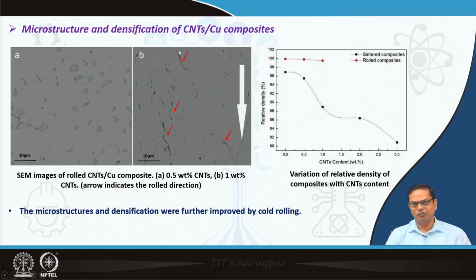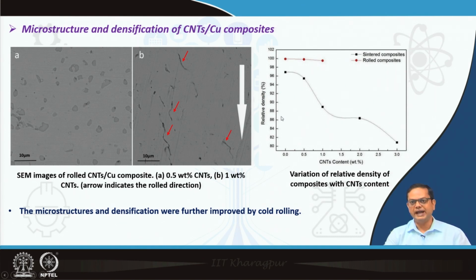But at 1 weight percent, you can see there is a certain amount of cracks. There are porosities, and when the rolling was done, that led to this kind of crack formation in the 1 weight percent CNT reinforced composite.